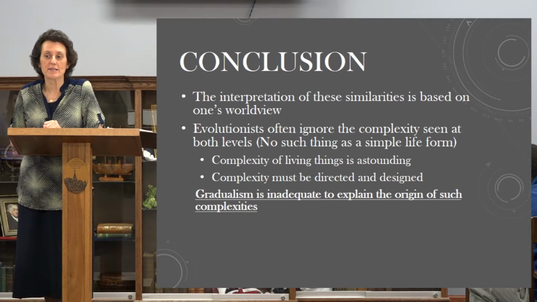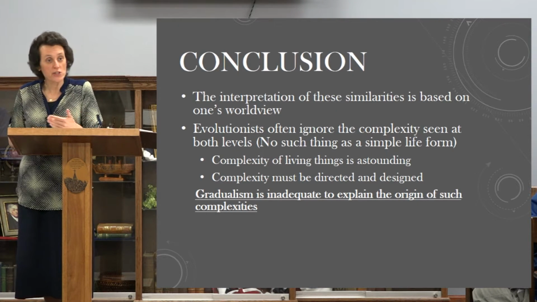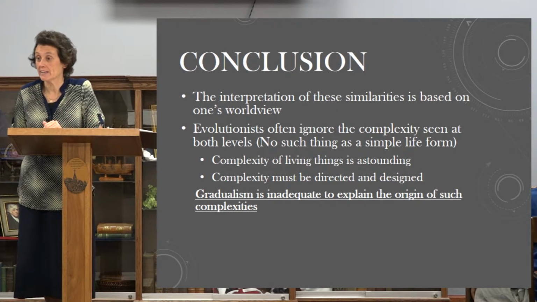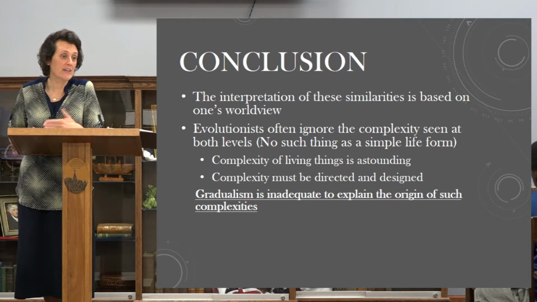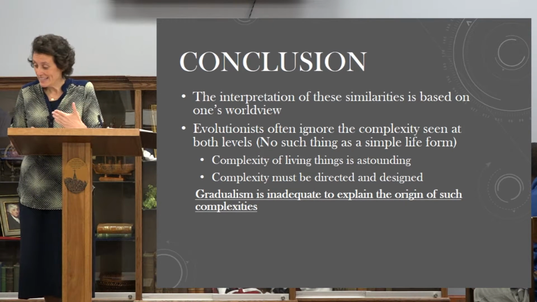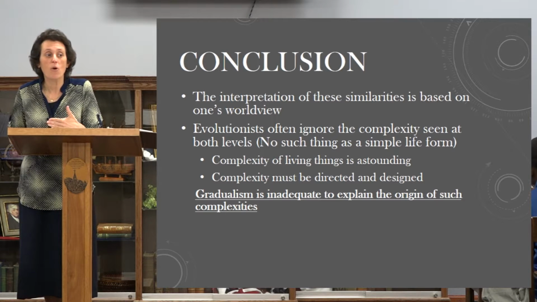So gradualism, or the numerous successive slight modifications that Charles Darwin talked about, is inadequate to explain origins. We can show similarities all day. We can show similarities at different levels, but it does not explain the origin of those complexities.